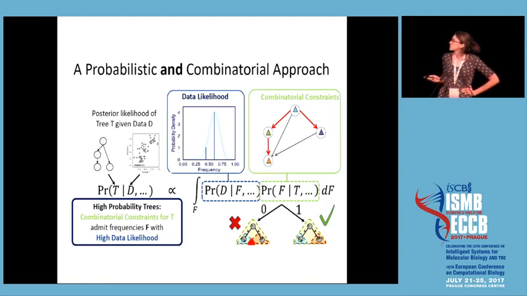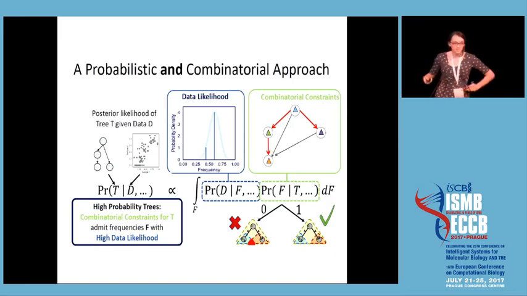The first one is the probability of our data given the frequencies, which is just a model for sequencing noise. And the second one is the probability of our frequencies given the tree. There are a number of ways that we can model this term.